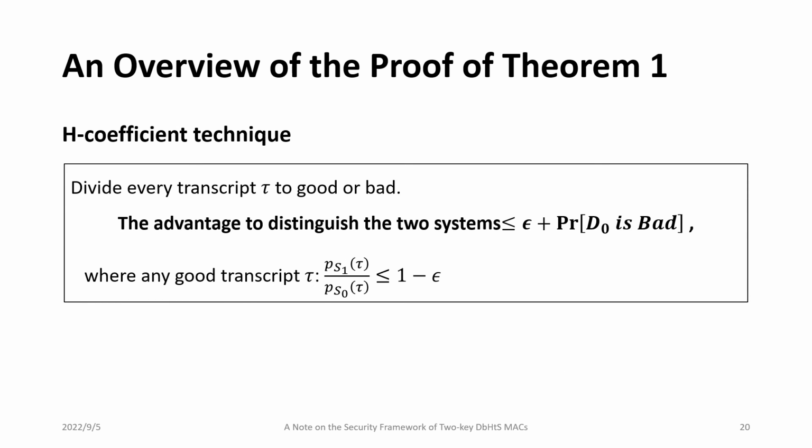Then, by the H-coefficient technique, the upper bound of the advantage of any adversary distinguishing the two systems is epsilon, the probability that D0 is bad, where for any good transcript tau, P_S1(tau) out of P_S0(tau) is no less than 1 minus epsilon.